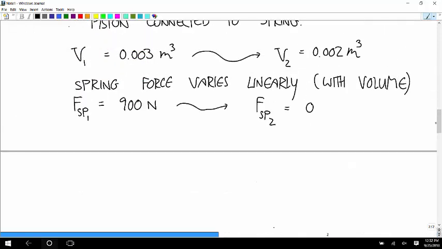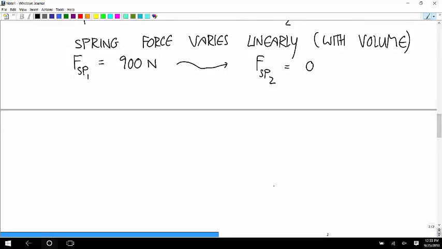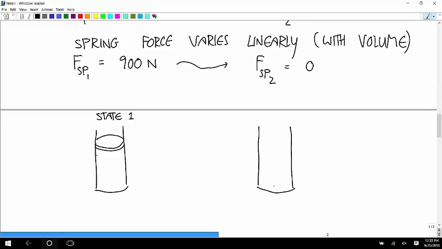Okay, so draw a picture of this. We start out in state 1 with a spring force of 900, and a big volume.